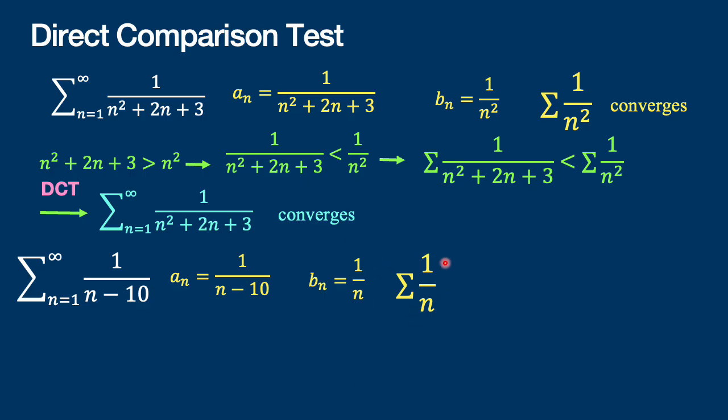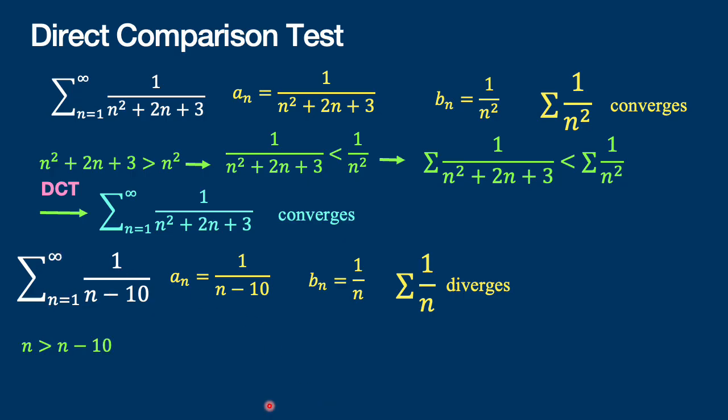That's the p-series. The p value is 1. Harmonic series. That's going to diverge. So what are you going to prove here? a_n versus b_n: you have to prove a_n is greater than b_n. Otherwise, we cannot prove this series diverges.